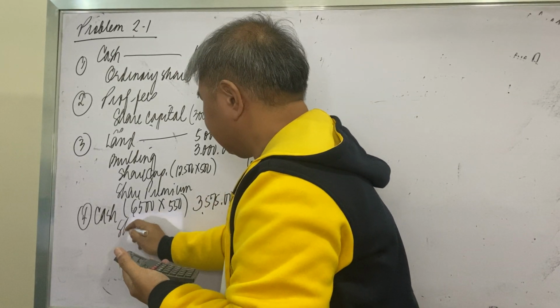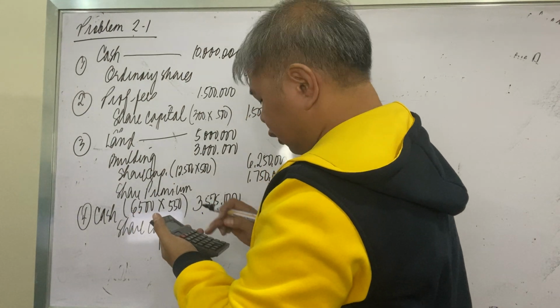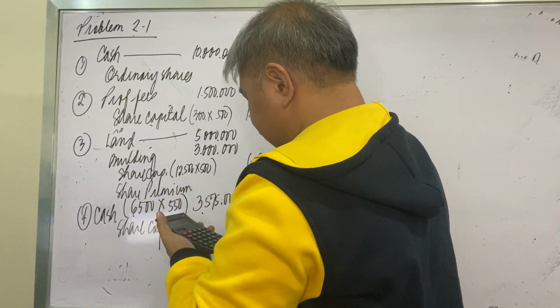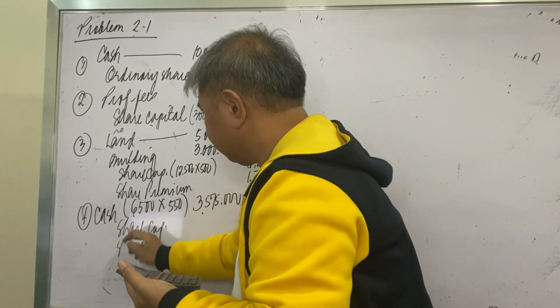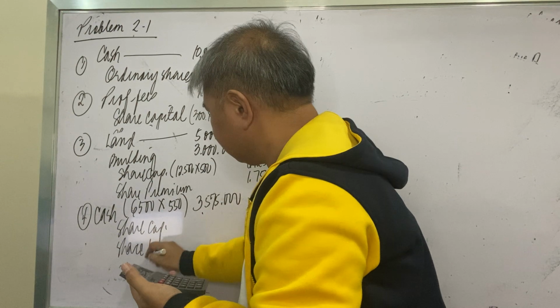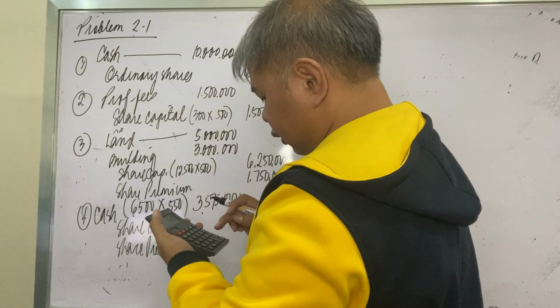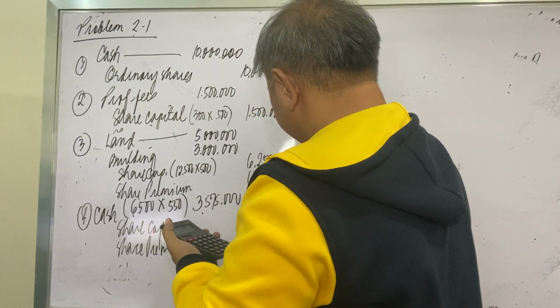Credit share capital for the par, which is 500 times 6,500, so this is 3,250,000. And then share premium, 50 times 6,500, so this is 325,000.